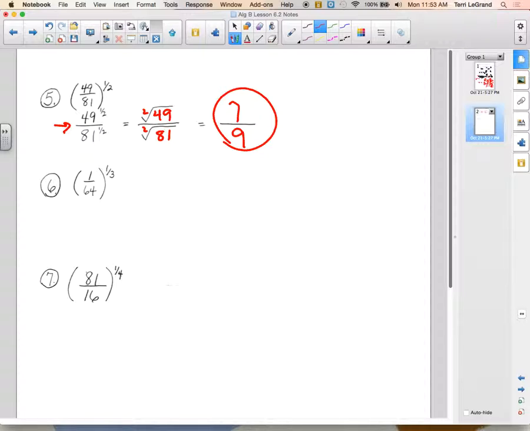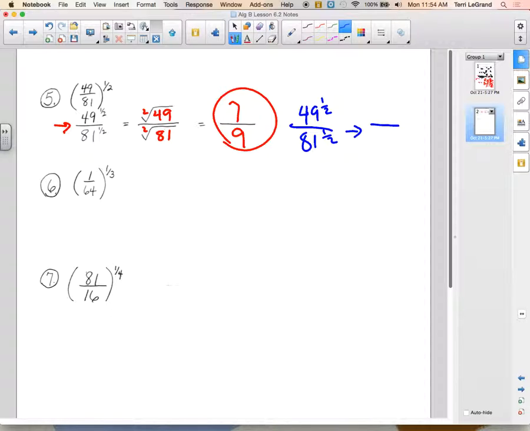Okay, so that was one way of showing work for that one. If you would rather do it differently, I'm going to say if I went from 49 to the 1/2 power over 81 to the 1/2 power, I could show it like this.